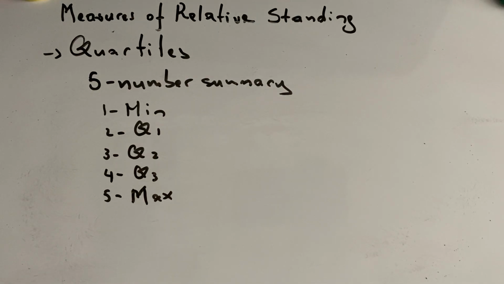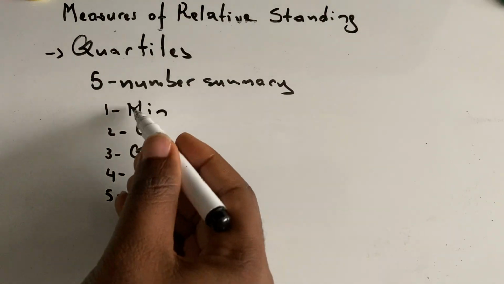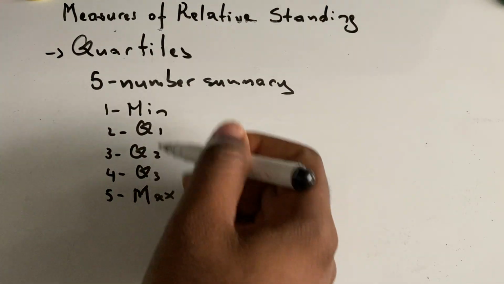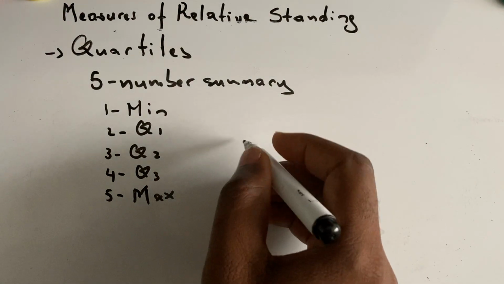If you present those values to someone, it will tell them a lot about the data values. Because you have the minimum, the maximum, and you separate it into quarters, it will make sense to that person reading it.